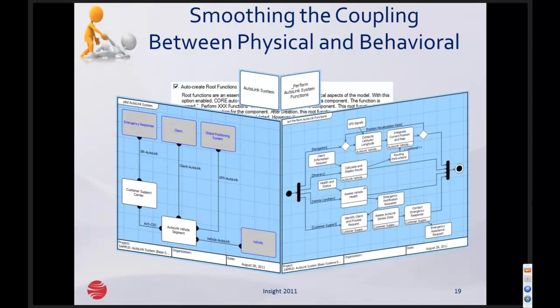Not only does the Model Assistant create the root function, it also allocates that function to the component you created, and then the behavior type of that allocation would be integrated root, as Cliff mentioned earlier, thus winding back to the first feature we talked about. You then, from a component, could look at the behavioral views.